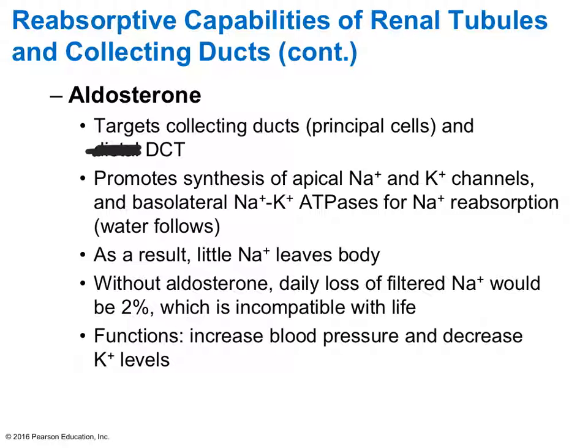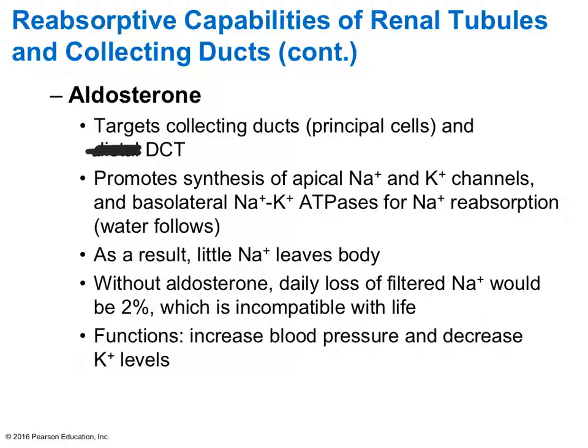Aldosterone is the body's main example of a mineralocorticoid, which, if you recall, are made in the adrenal gland, specifically the zona glomerulosa. And mineralocorticoids affect the body's ion concentration. So aldosterone acts on the kidneys at the distal convoluted tubule and the collecting ducts to affect sodium reabsorption.